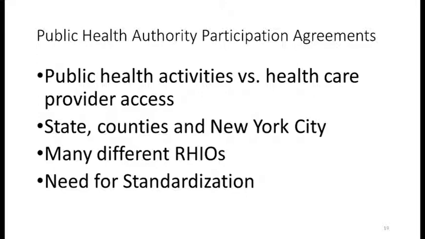It gets very complicated. For example, in New York State, we've got the New York State Department of Health, the New York City Department of Health, and then we have 58 counties outside of New York City. So there are a lot of different public health agencies accessing information from a lot of different health information organizations.